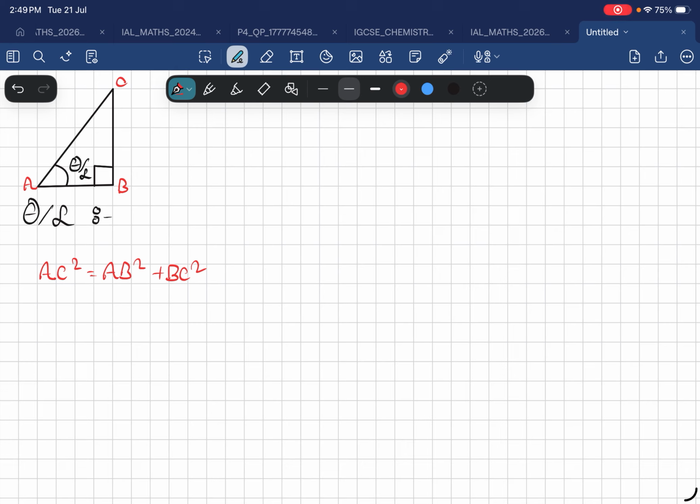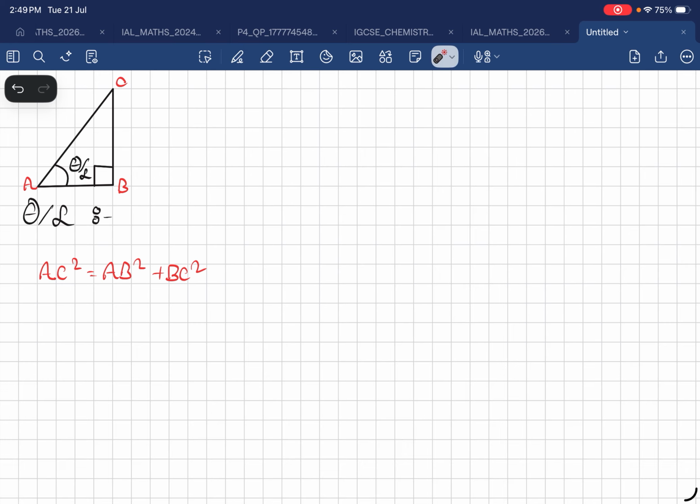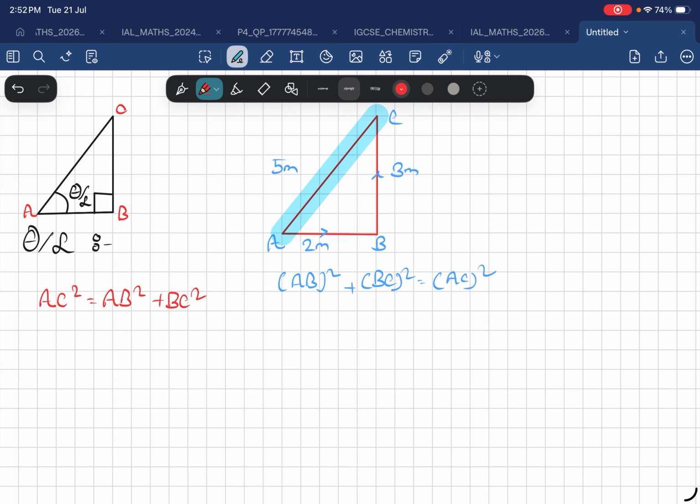The summation of the squares of both sides is equal to the square of the other side.